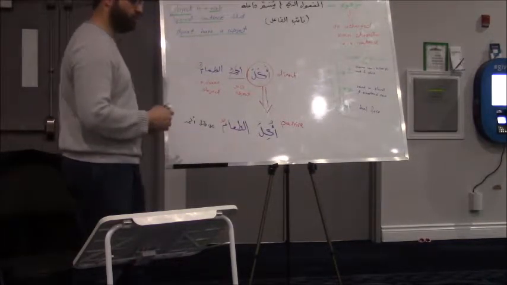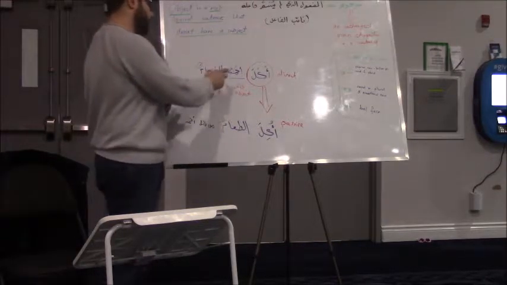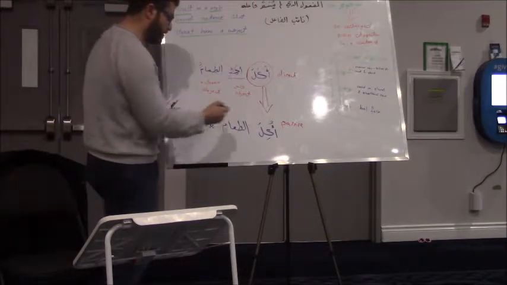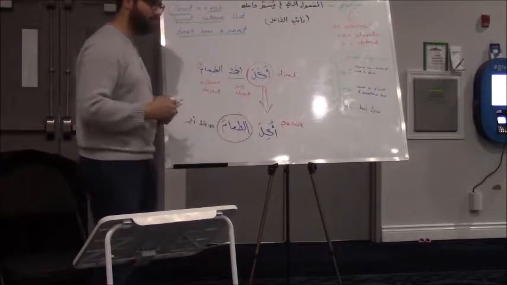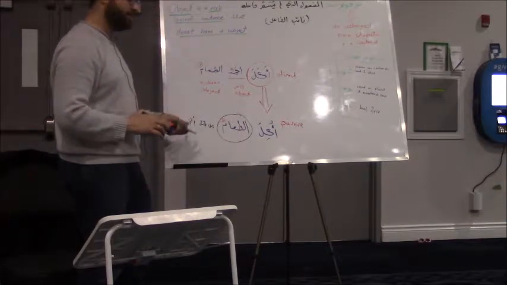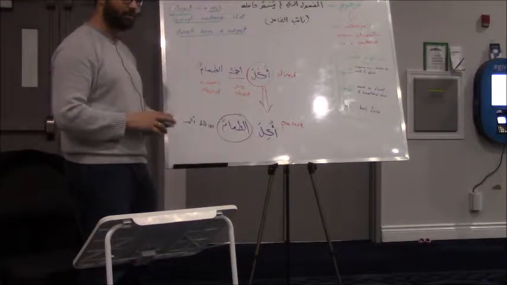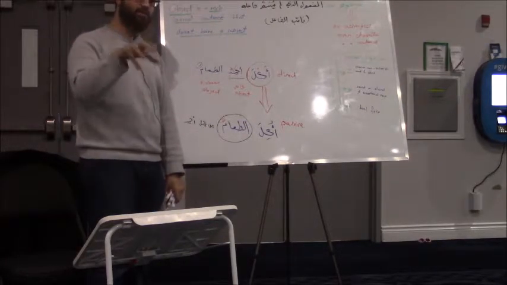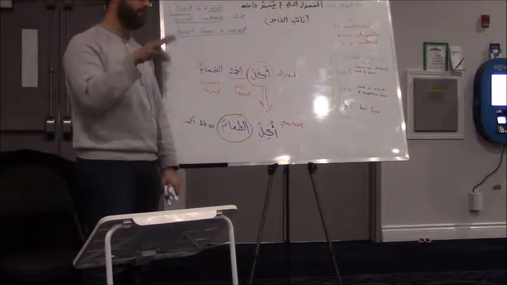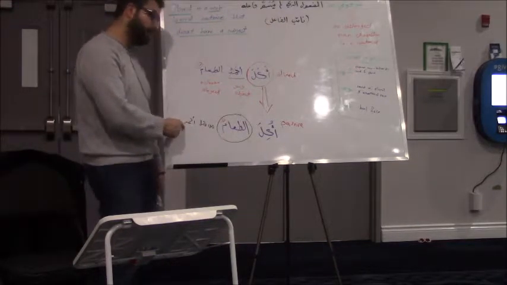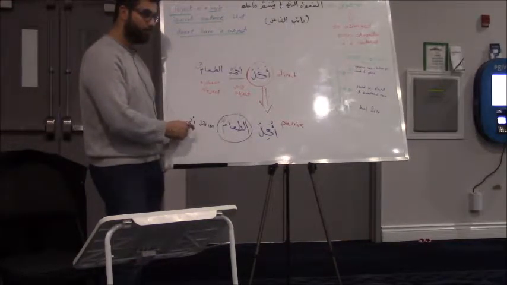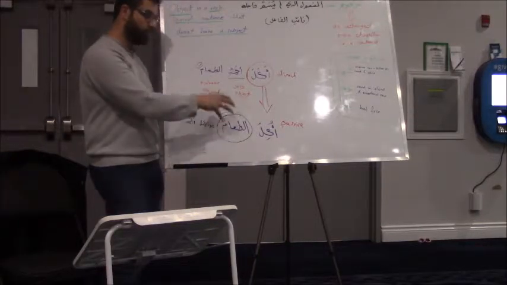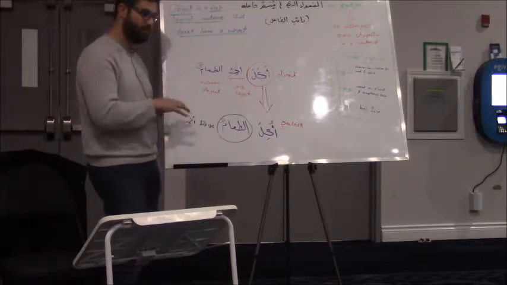Well, the difference is huge. Here the focus is on what Ahmed did. Here the focus is that the food isn't there anymore. It's been eaten. It's less important who ate it. That's not the point. So when you change around the words in an Arabic sentence, you change the emphasis from one thing to the other, or the emphasis here could be Ahmed, meaning the fa'il. We're emphasizing, that's why we removed him and put him at the end of the sentence so that we can emphasize him.